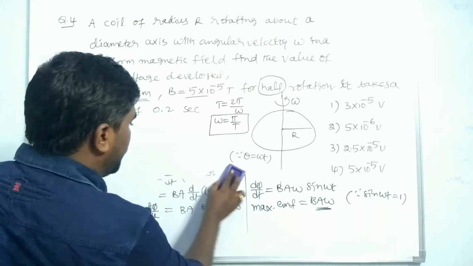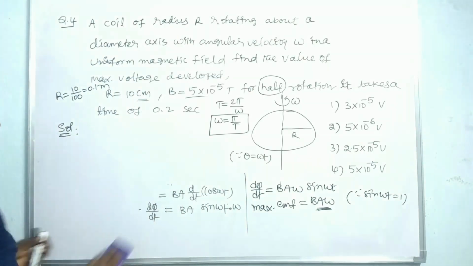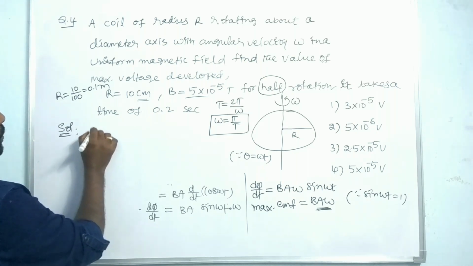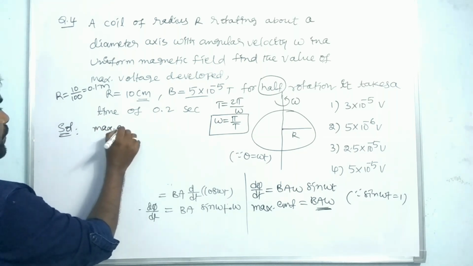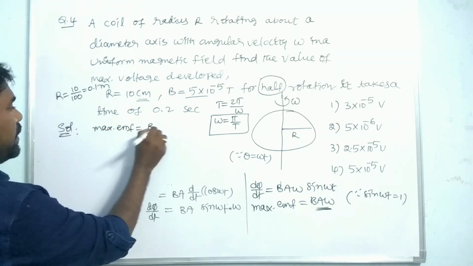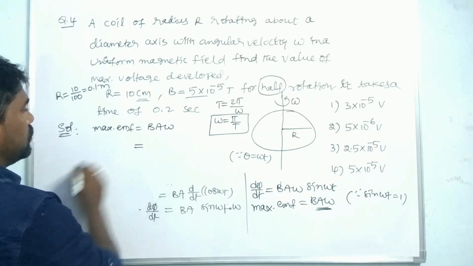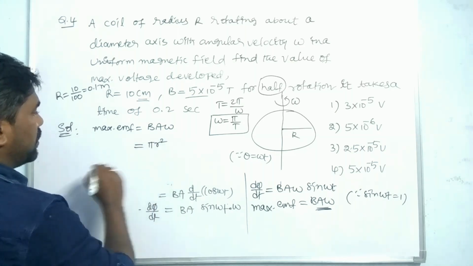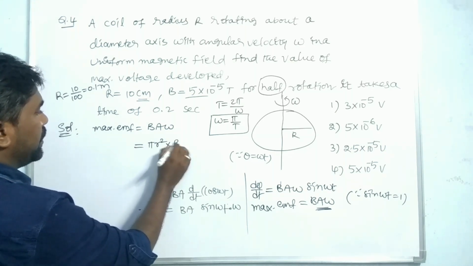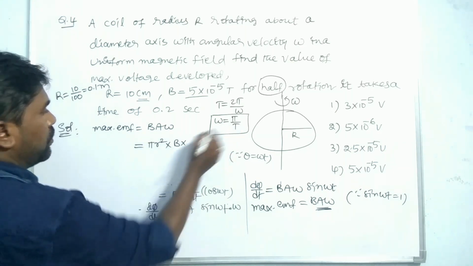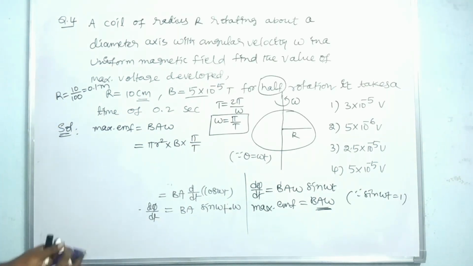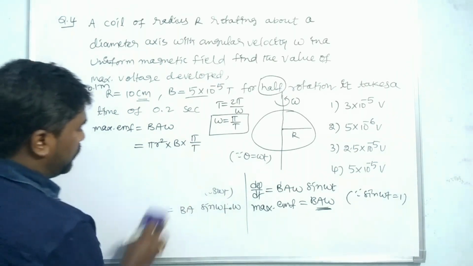Therefore the maximum induced EMF is equal to BA omega. A is the area, which is nothing but pi r square, into B into omega, where omega is equal to pi by t. So let us substitute all those values in this equation.